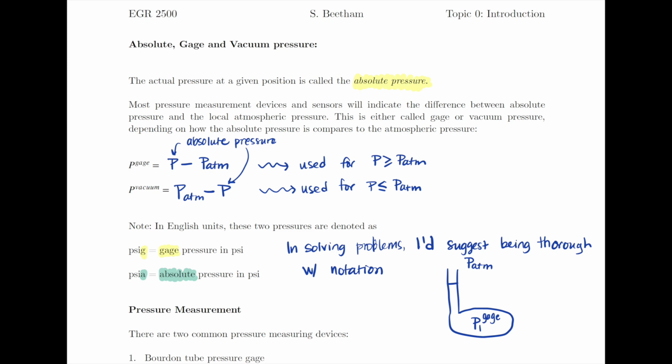So for example, if you have a problem statement that says, at the opening of a column of water connected to a tank, you have atmospheric pressure up at the top, I would call that P atmosphere. And then if you're given P1 inside of the tank, for example, as a gauge pressure, I will typically write it like this, so I don't forget.